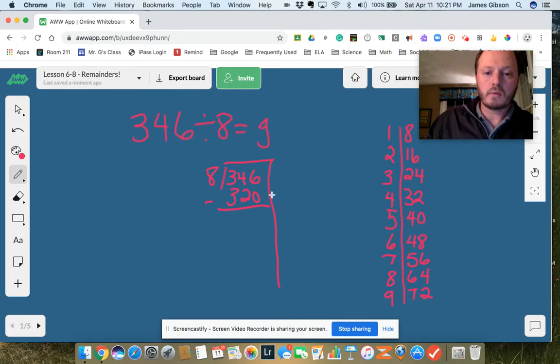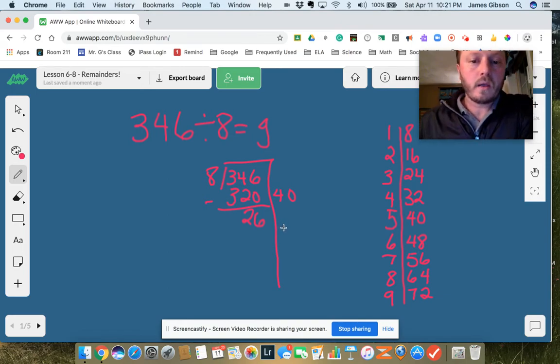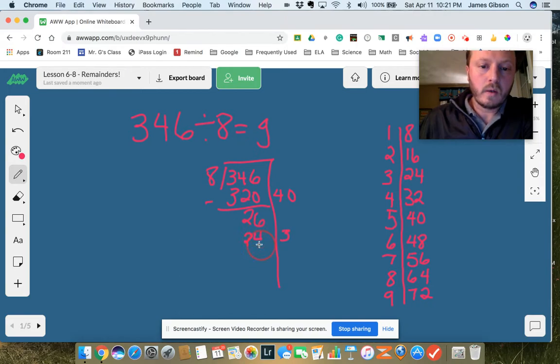And how do I get 320 with eighths? Well, I multiply by 40, right? And so then I have 26 left over. The next step is looking at my multiple chart again and saying, I have 3 more eighths that can be multiplied and go into 26, and then I have 2 left over.